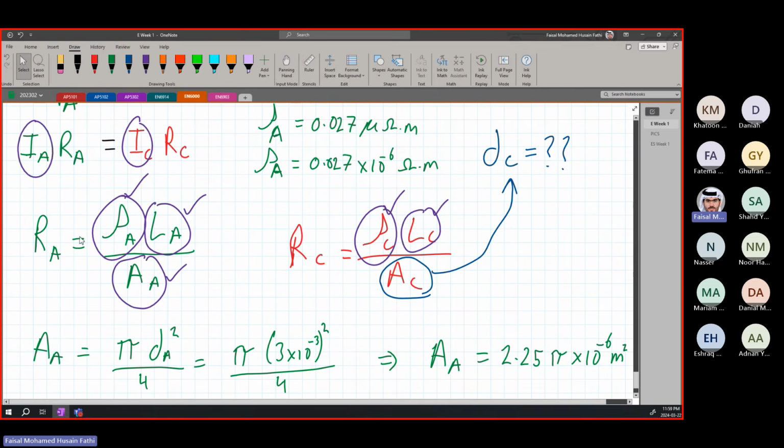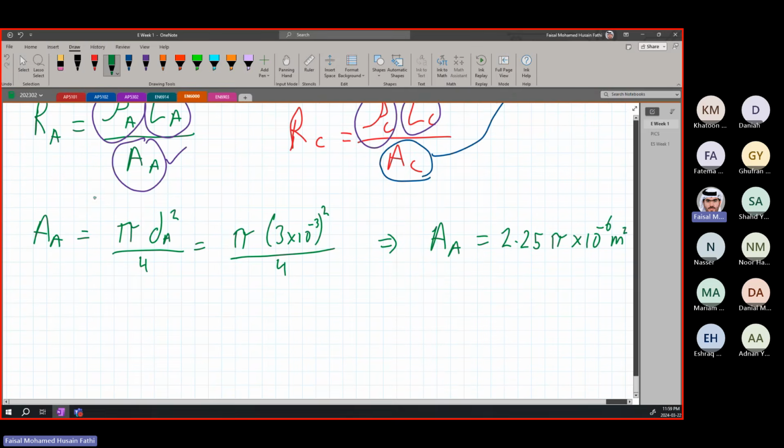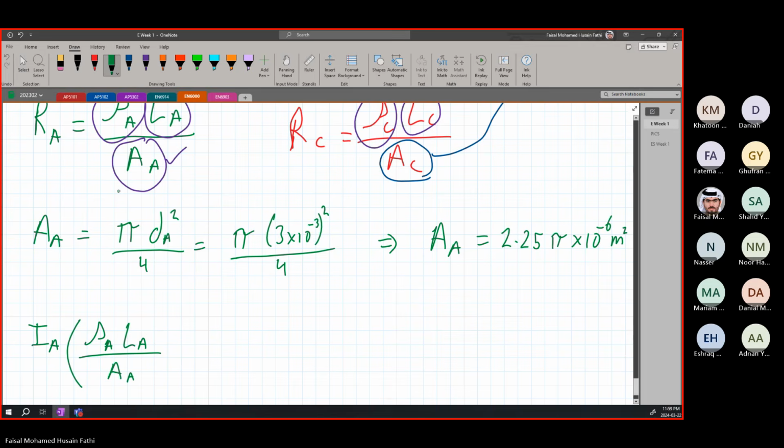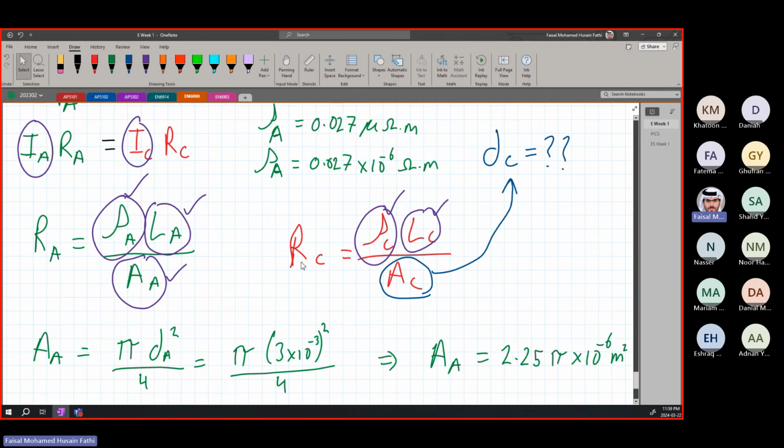We have every other value, so we could just plug this in back here. Just so you know how it will look before I plug in more numbers, we're going to have IA times RA. What is RA? RA is rho A, which is the resistivity of A, times LA over AA. This is equal to IC over here, and we'll substitute RC for this.